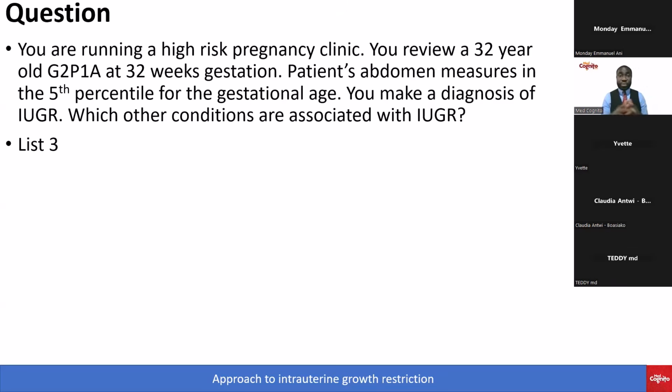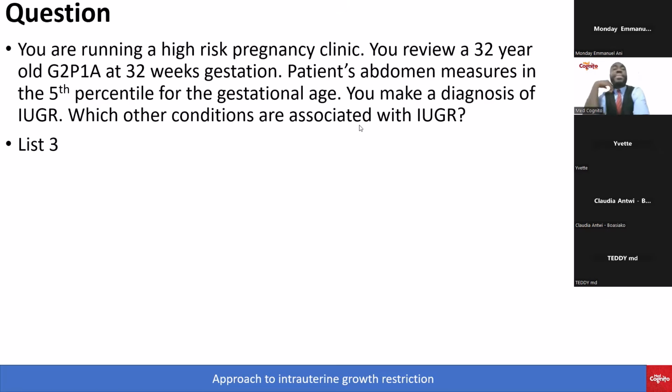Low birth weight. Oh, low birth weight, of course. We know the patient has IUGR, therefore there will be low birth weight, okay? So that's good, but it is obvious, right? Low birth weight will be obvious. Congenital syndromes, maternal infection, and congenital disease. Metabolic, like maternal medical conditions like hypertension, PIH.